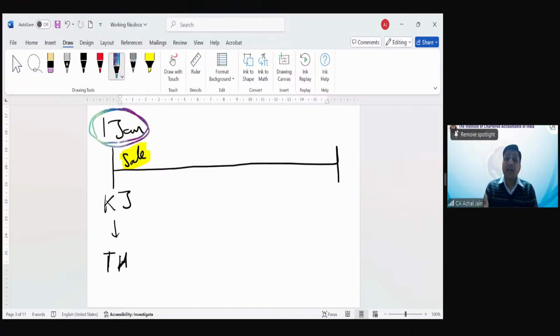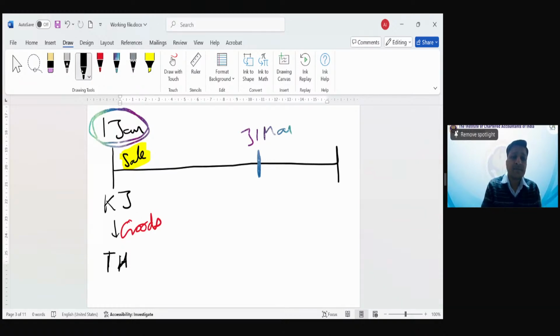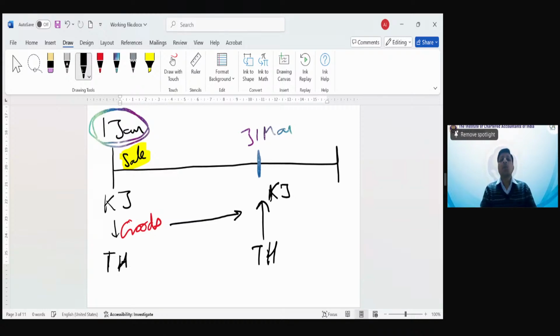It requires that on 31st of March, these same goods will move back from TH to KJ. Same goods will move back, or you can say sold back from TH to KJ.